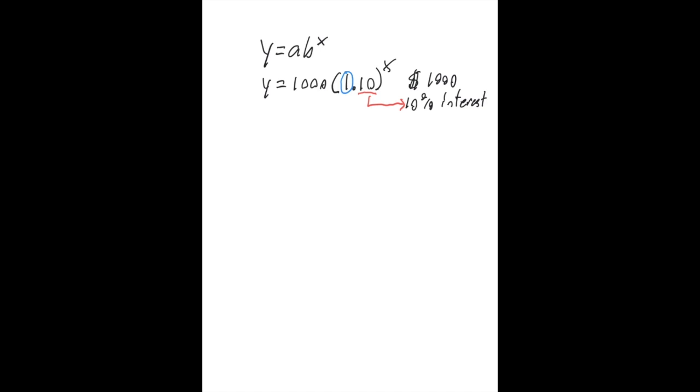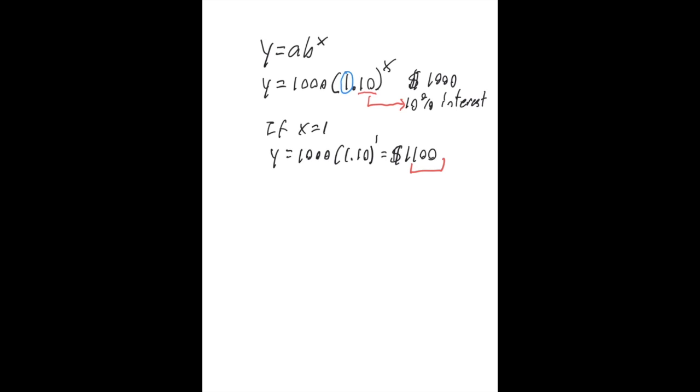Okay. So for example, if x equals 1, y would be 1,000 times 1.1 to the 1. Well, 1,000 times 1.1 is going to be $1,100. So after 1 year, what happened?